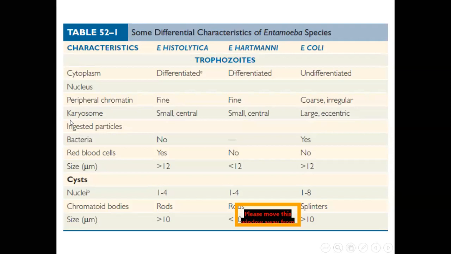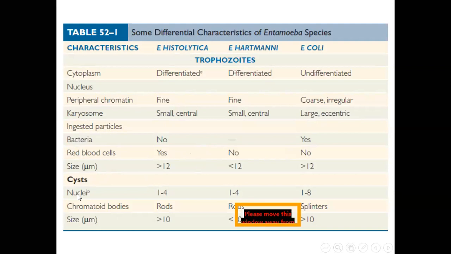Ingested RBC or ingested particles: no ingested bacteria in histolytica. In E. coli, yes, there are ingested bacteria. RBC is present in histolytica, not present in E. coli. Very important point.